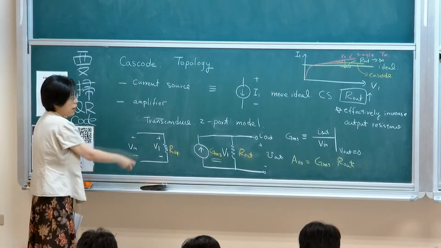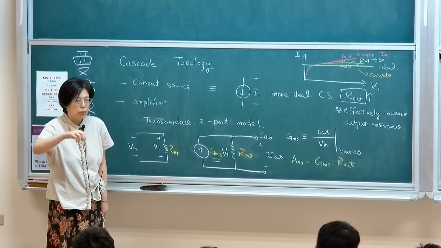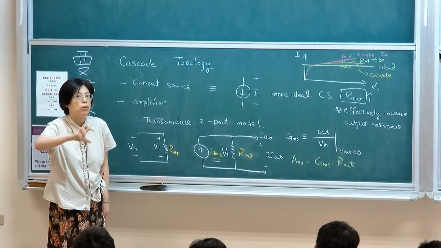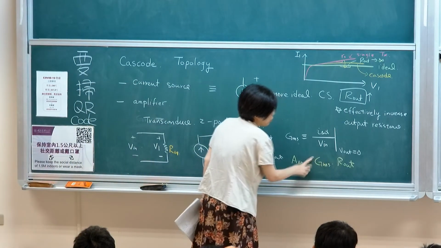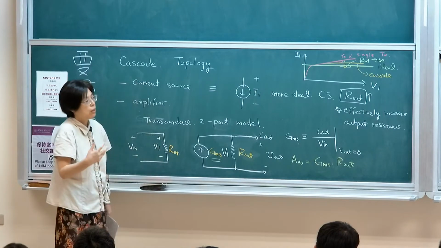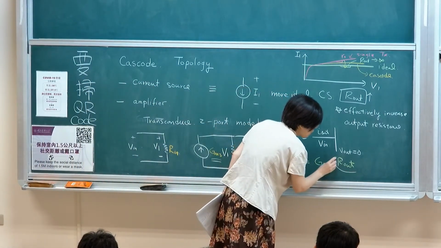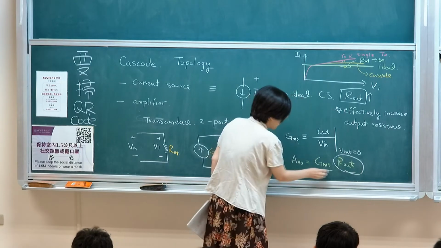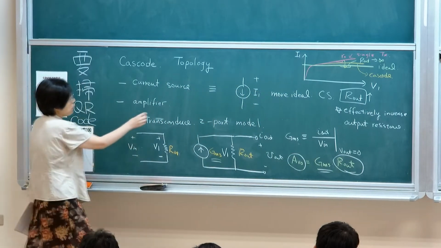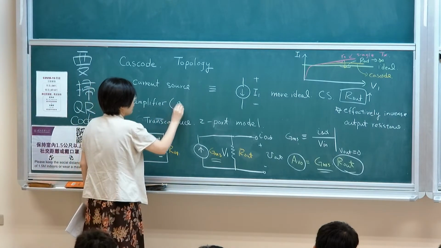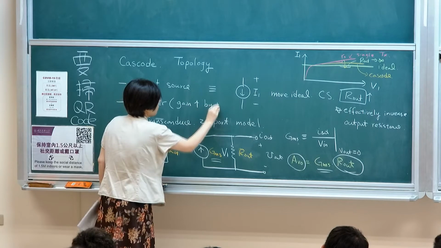So for the amplifier application, Gm is the sensitivity when you modulate the current. This is typically determined by transistor design, W over L, and biasing current. If I can boost this, it simply means that my overall gain can be boosted. So as an amplifier, gain can be increased by RL.